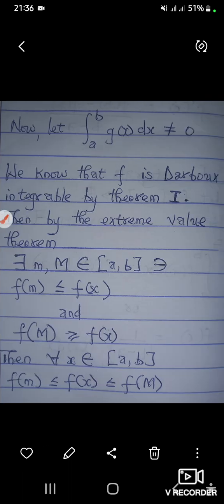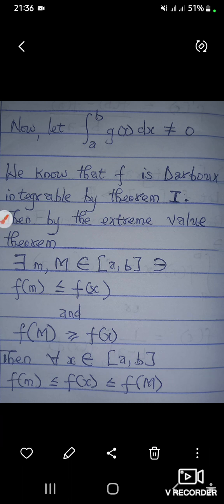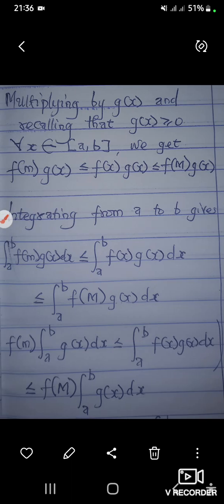Now from this previous slide, what are we doing? We are going to multiply every term in this inequality by g of x. If we do that, we have g of x times f of m is less than f of x times g of x, which is less than f of capital M times g of x.